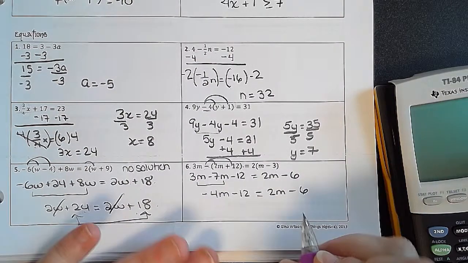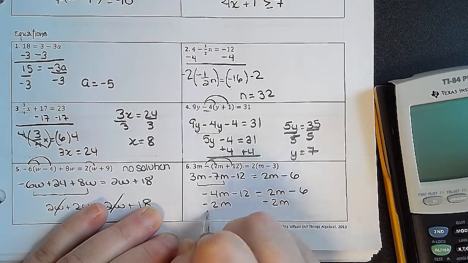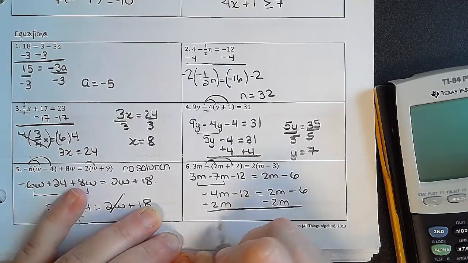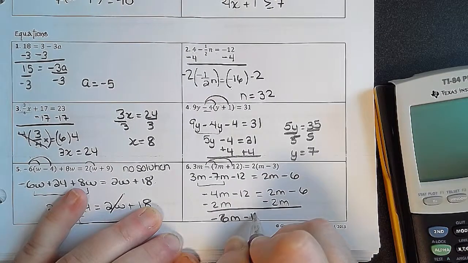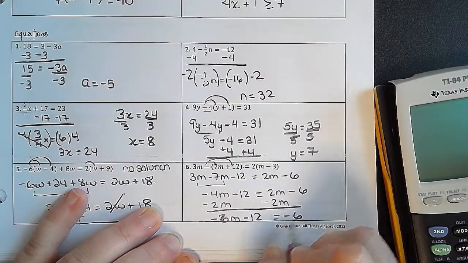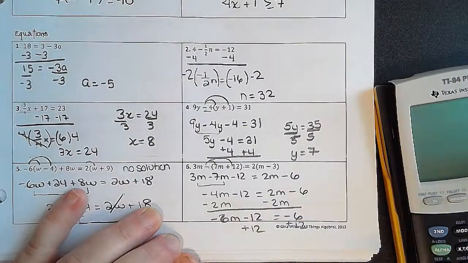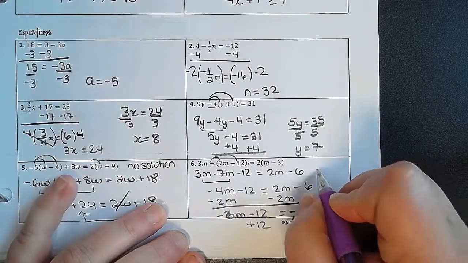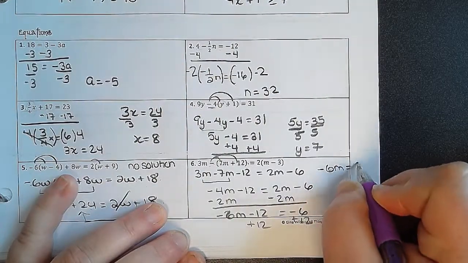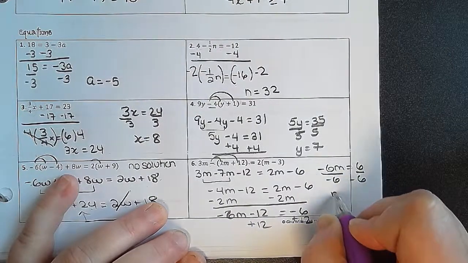And I'm going to subtract 2m from each side. I get negative 6m minus 12 is equal to negative 6. I add 12, and I get negative 6m is equal to 6, divide by negative 6, and m is equal to negative 1.